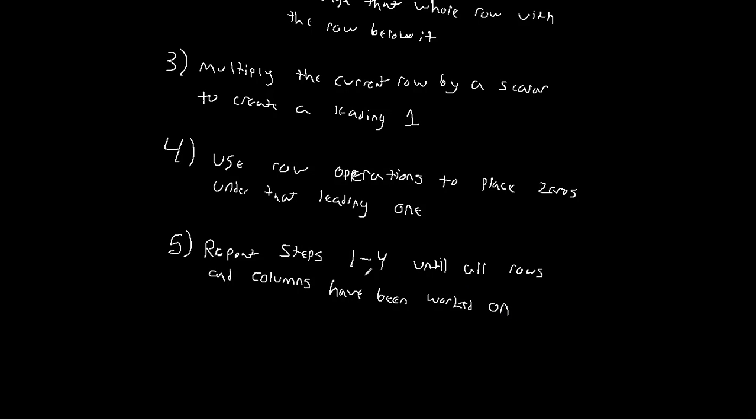This is the definition of iteration. We're going back and we're doing 1 through 4, again and again, until all of the rows and columns have been worked on.